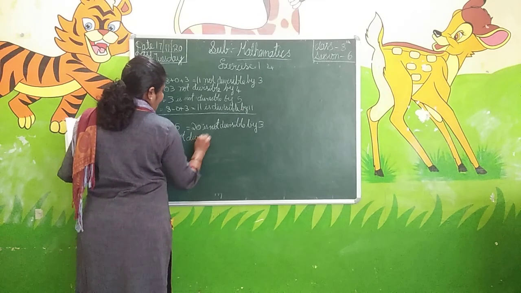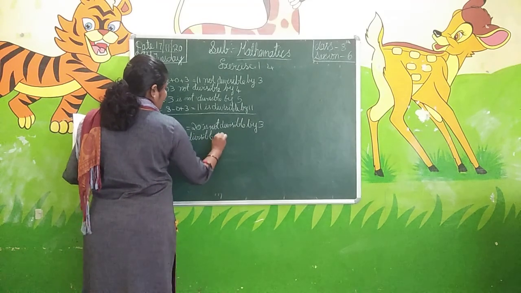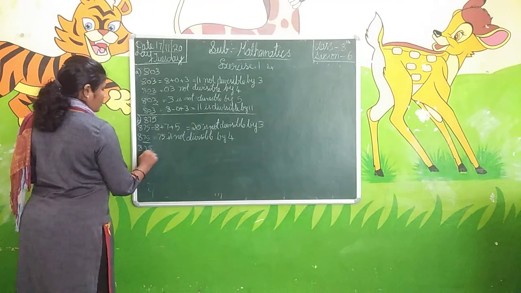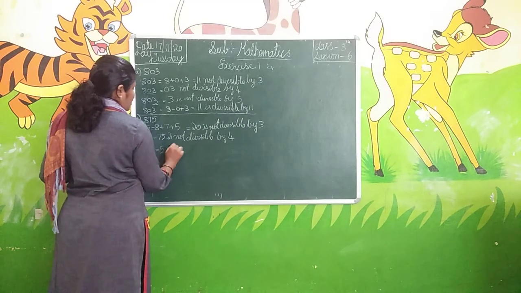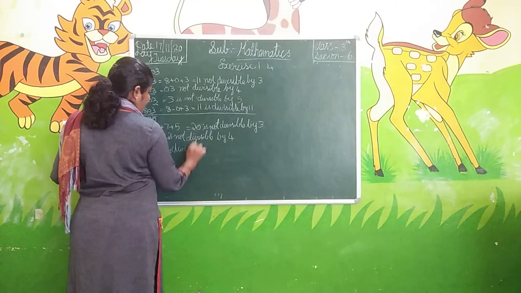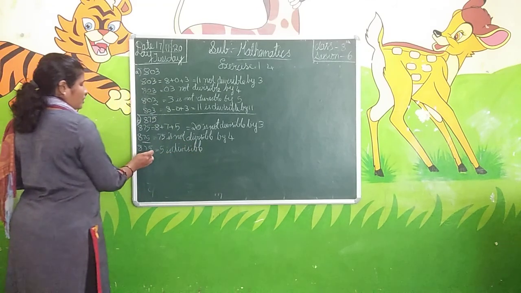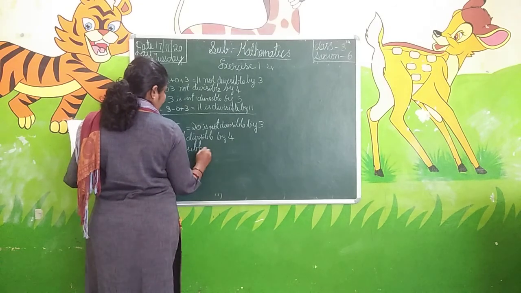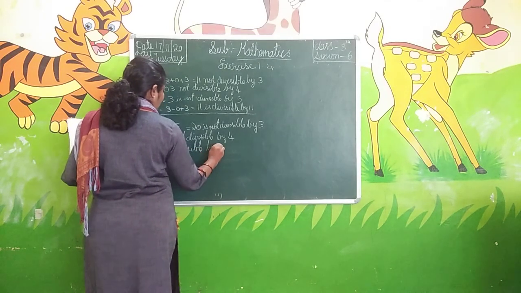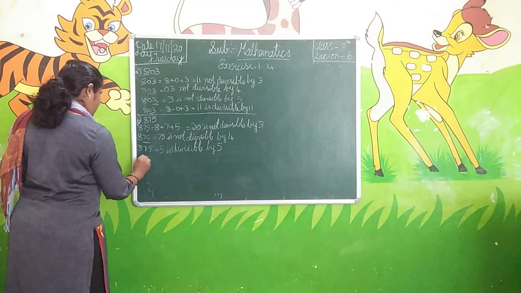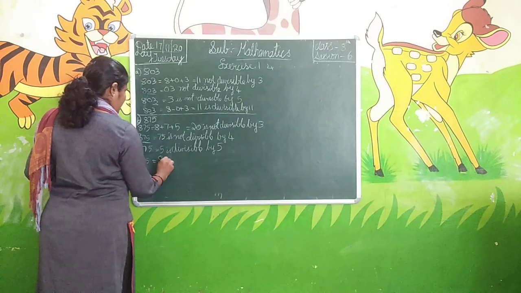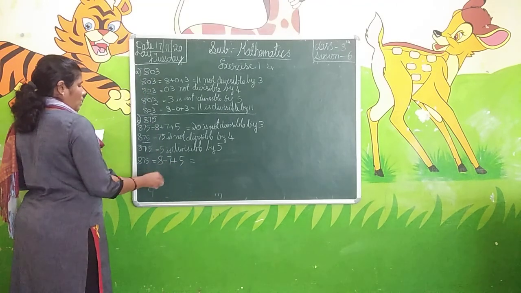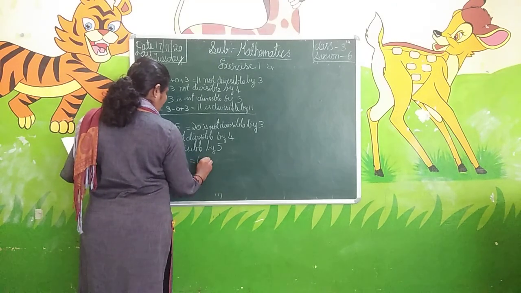Next, 875. 5 is divisible by 5 because it ends with 5. A number which ends with 5 is always divisible by 5. And for 11, 875 equals 8 minus 7 plus 5. 8 minus 7 we get as 1. 1 plus 5 is 6.